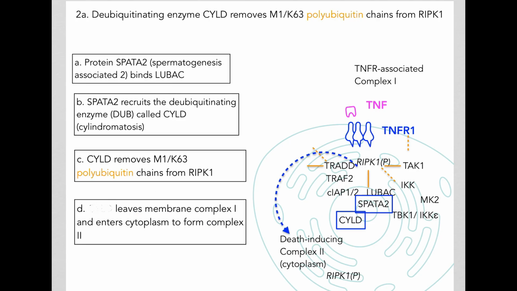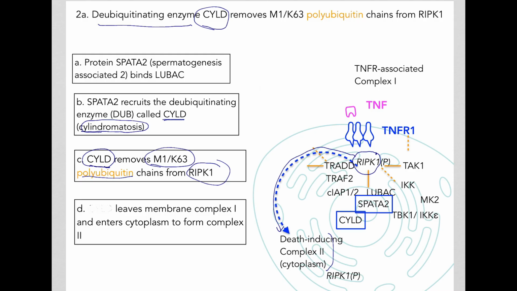One of the proteins that seems to help RIPK1 dissociate from complex 1 and enter into the cytoplasm to form the death-inducing complex 2 is a deubiquitinating enzyme called CYLD. CYLD stands for cylindromatosis. So CYLD removes the M1 and K63 ubiquitin chains from RIPK1.